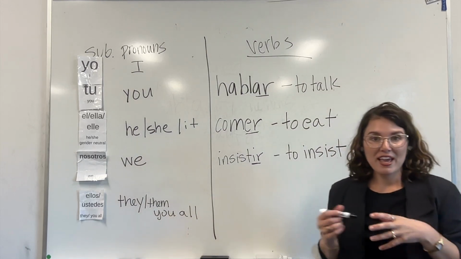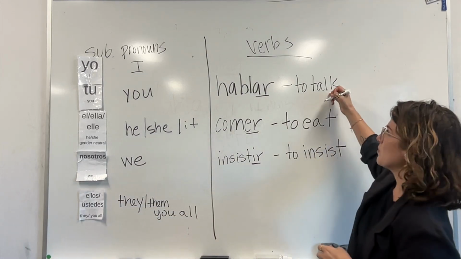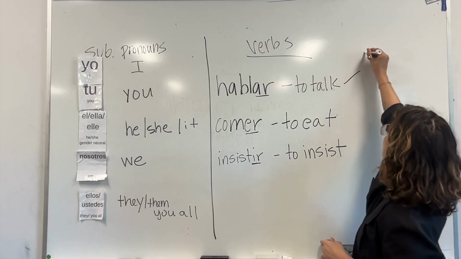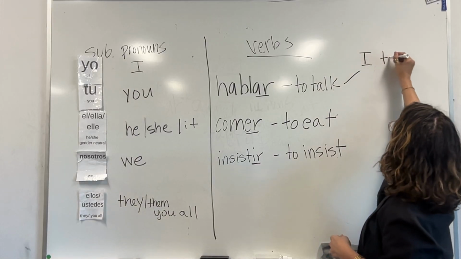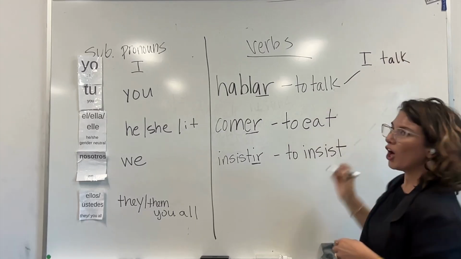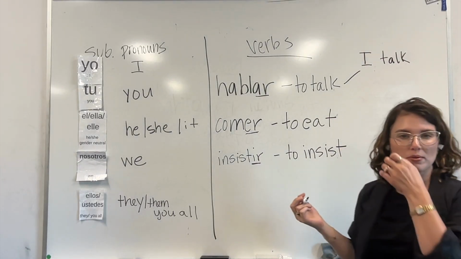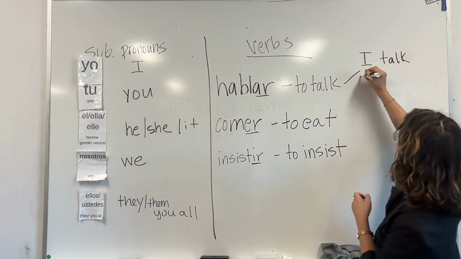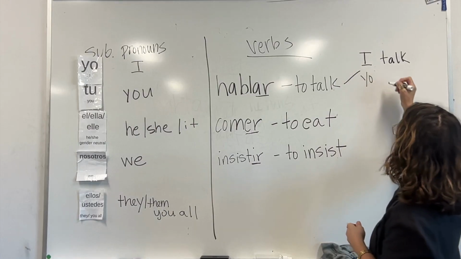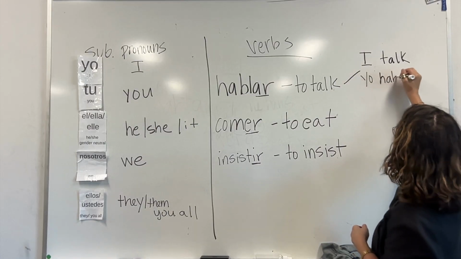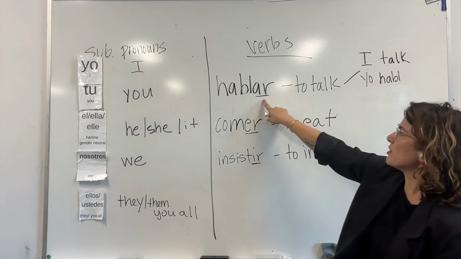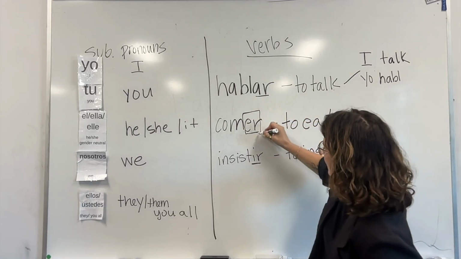So then we can change these words. So we might want to say something like, I talk. How do you think we would say that in Spanish? So we would start with the yo, I, and we would start spelling out this word, but then we would stop when we get to this ending here.